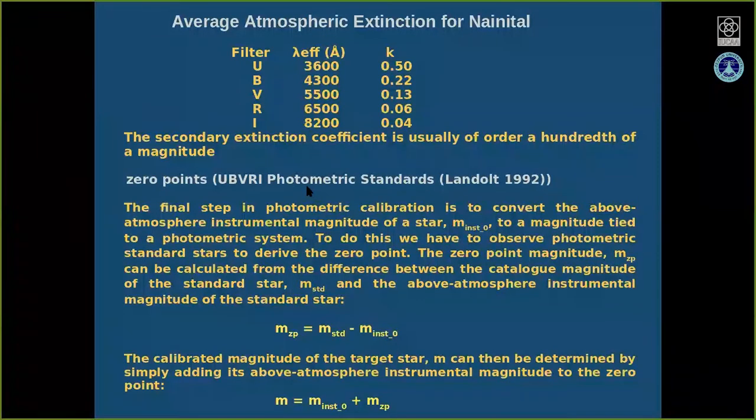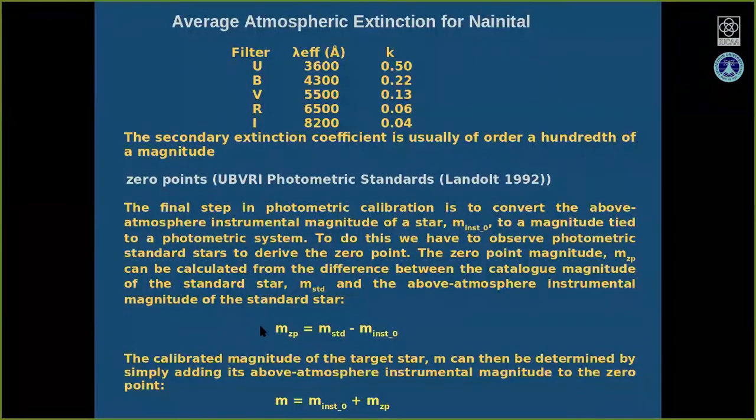A very important point is that since you are taking this photometric standard from Landolt, it is a standard star, so we know the standard magnitude for the particular star. Just pick up the standard magnitude from Landolt and find the difference between the standard magnitude and the instrumental magnitude above the Earth's atmosphere. This difference, we call the zero point for your magnitude.